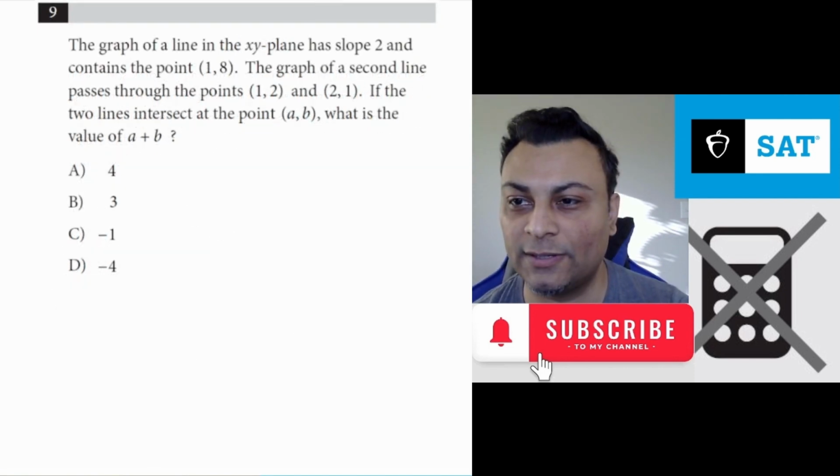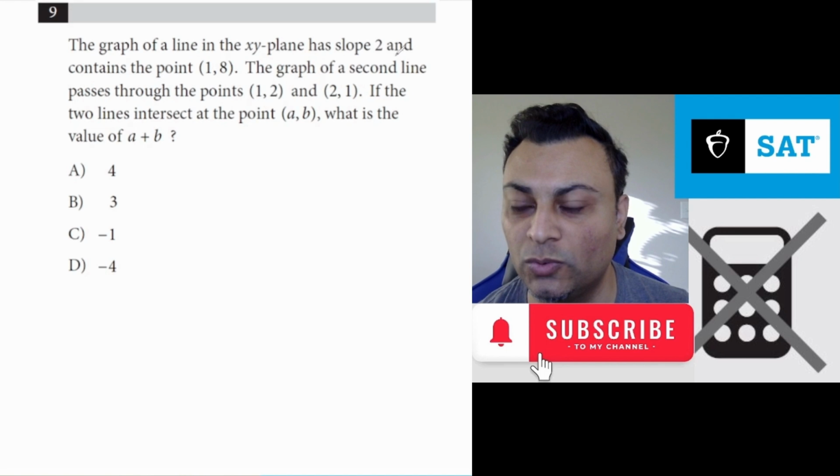Question 9 says the graph of a line in the xy plane has slope 2 and contains the point 1, 8. There's a second line which passes through the points 1, 2 and 2, 1. If the two lines intersect at the point a, b, what's the value of a plus b? Okay, so the first line has a slope of 2 and contains the point 1, 8.